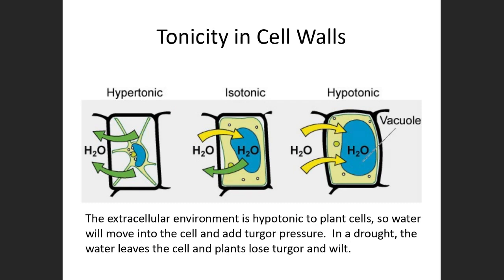Okay, so we're just going to stop here with this last cell, just showing you what helps plants stay up, right? Have you ever wondered how a plant, like a stem or a leaf of grass, stands up straight? It is because of how they keep their cell walls.